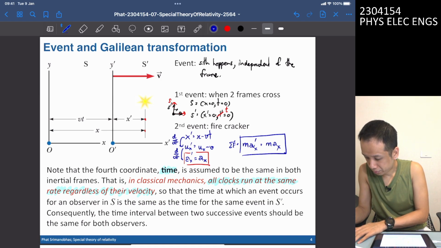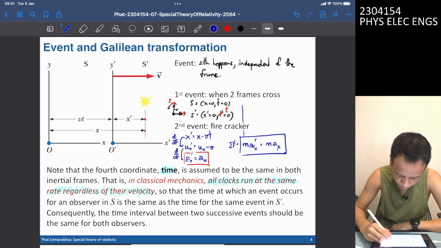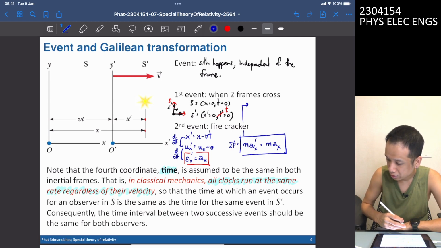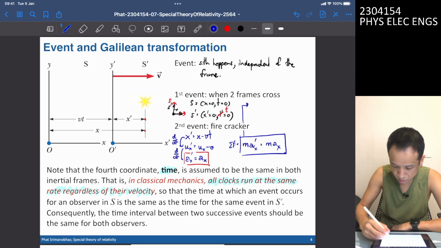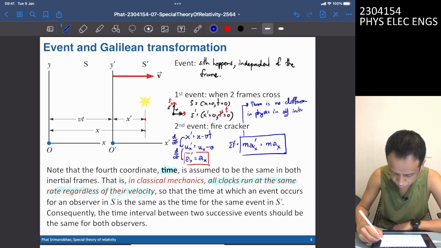So take note here that this goes back to the fact that there is no difference in physics in all inertial frames.